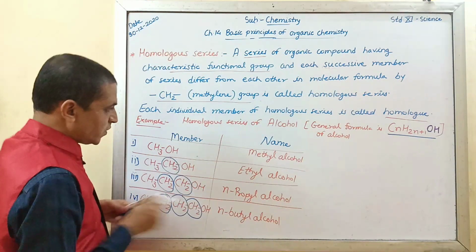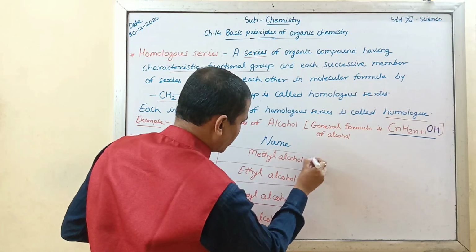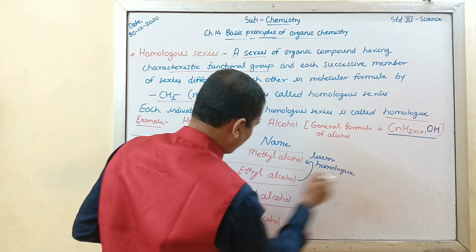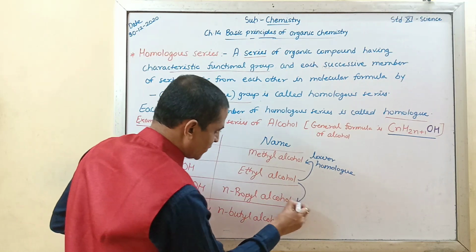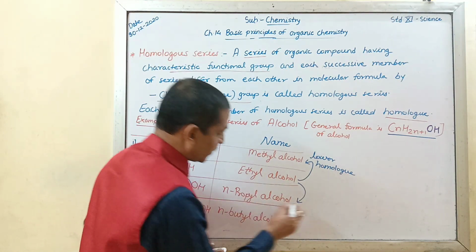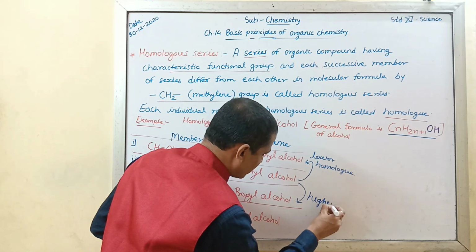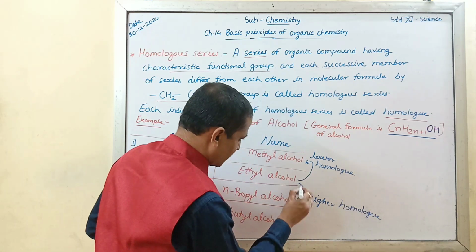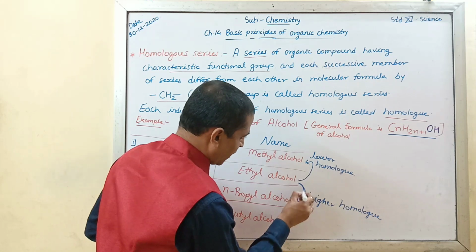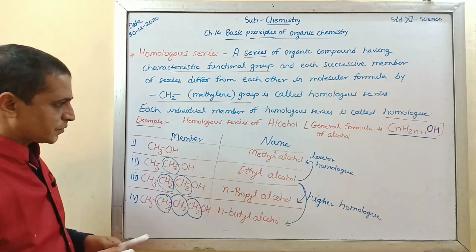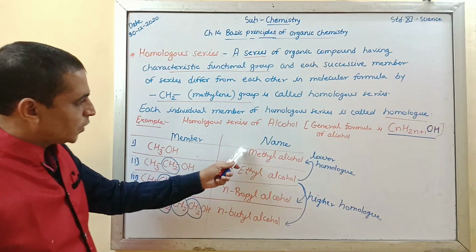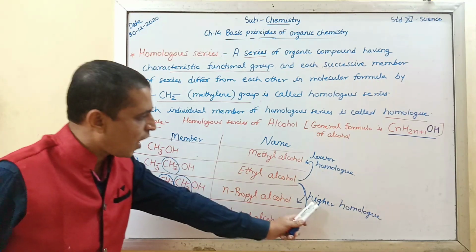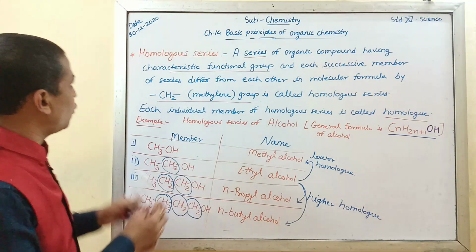Now, if you consider ethyl alcohol, methyl alcohol is the lower homologue of ethyl alcohol, and n-propyl alcohol as well as n-butyl alcohol are the higher homologues of ethyl alcohol. I hope you understood this.